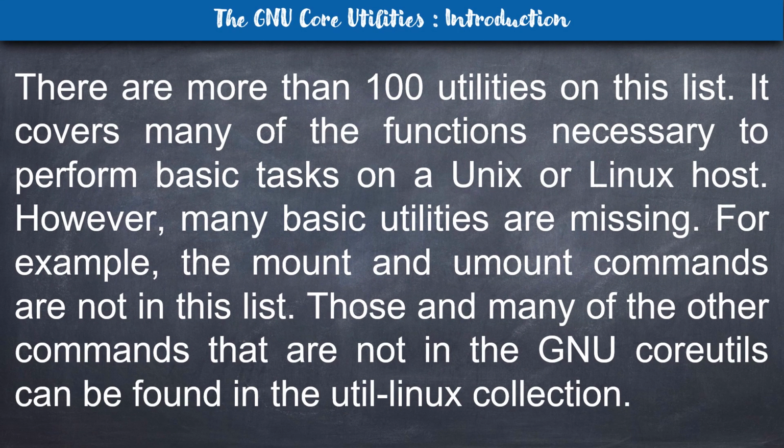There are approximately more than 100 utilities, and this list covers many of the functions necessary to perform basic tasks on a Unix or Linux host. However, many basic utilities are missing. There are many utilities which are not part of this, that can be installed using the util-linux collection.